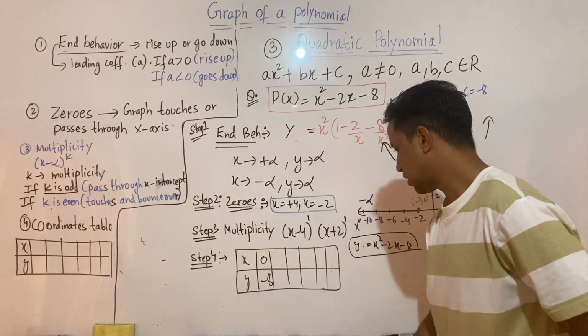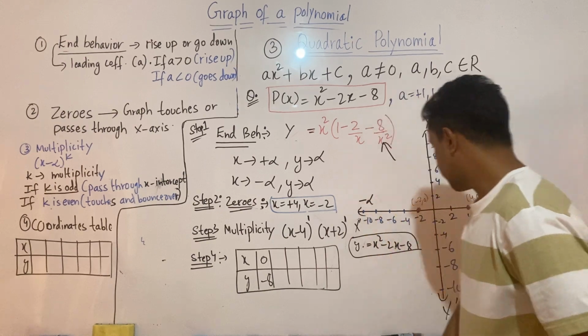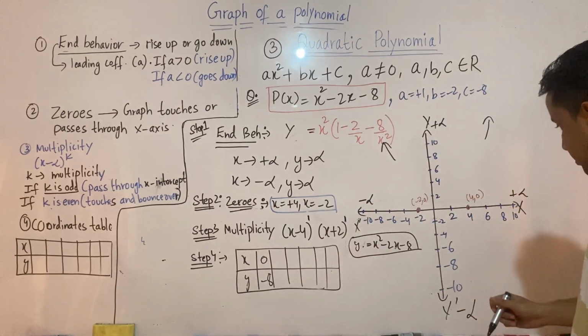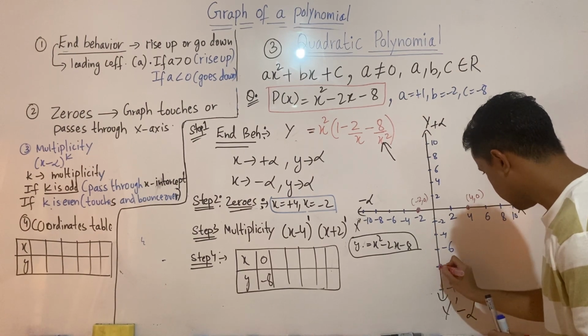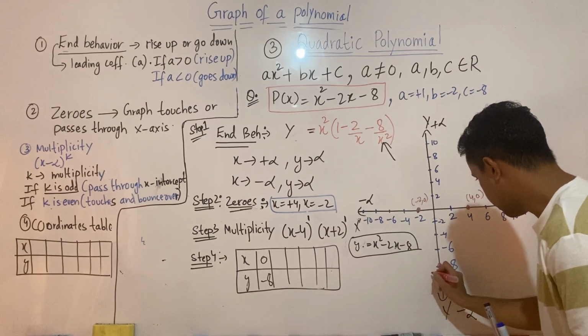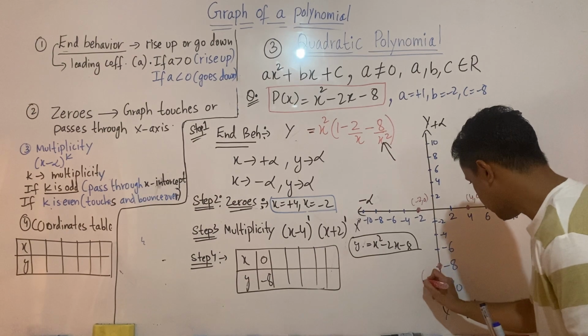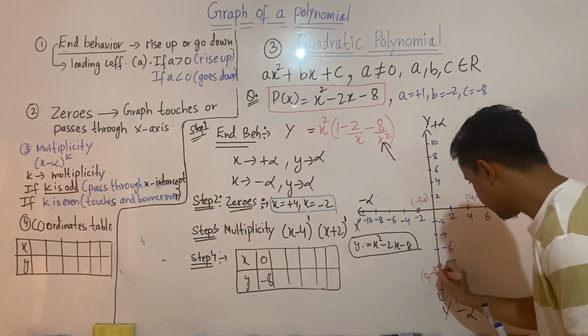Okay, this means x = 0, y = -8. What does it mean? It means this point (0, -8).